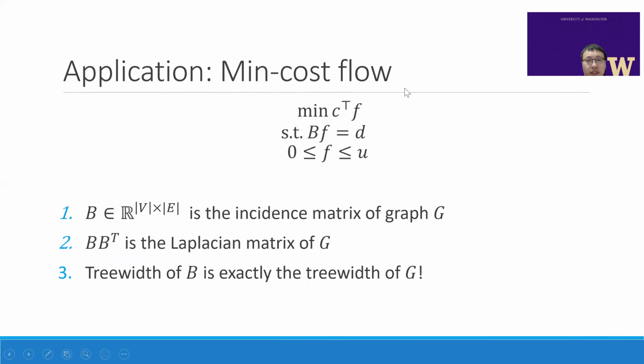And here the constraint matrix is B, which is the incidence matrix of graph G. And we know that B B transpose is exactly the Laplacian matrix of graph G, and it has the same non-zero pattern as the adjacency matrix. This shows the treewidth of B is exactly the treewidth of G. So for a series of flow problems, we can solve them in near linear time if the graph has small treewidth.